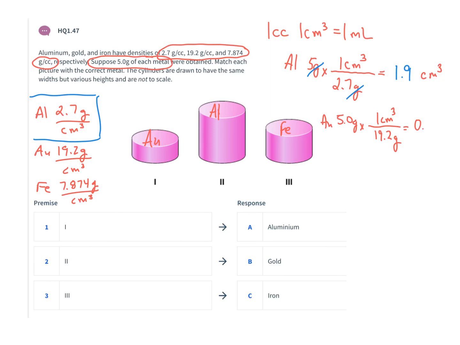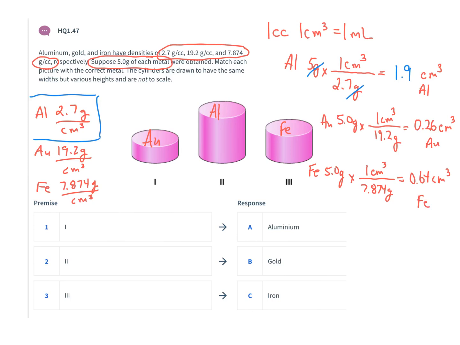I have about a quarter, actually, about 0.26 cubic centimeters of gold. And last but not least, the iron. The 5 grams of iron, I have a density of 1 cubic centimeter for every 7.874 grams, and that turns into a volume of approximately 0.64 cubic centimeters of iron.